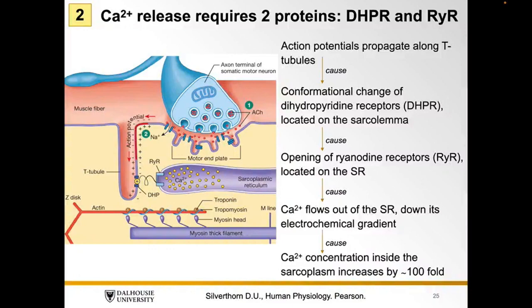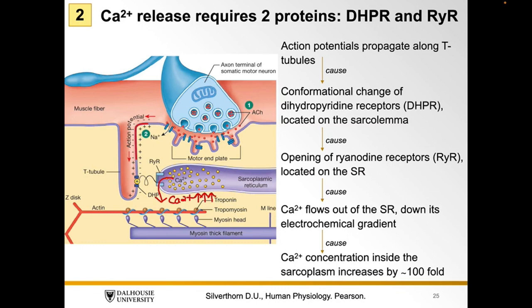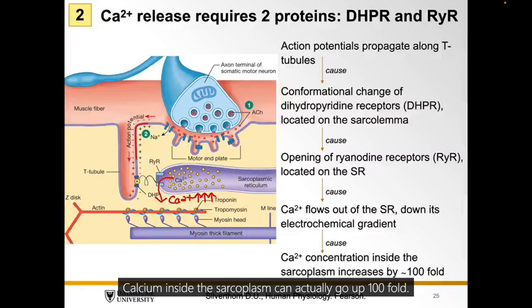The RYR are calcium channels. So all the calcium that's stored inside the sarcoplasmic reticulum in really high concentration is now allowed to flow out down its electrochemical gradient. So what happens is that calcium inside the sarcoplasm goes way, way up. Calcium inside the sarcoplasm can actually go up 100-fold during muscle contraction.